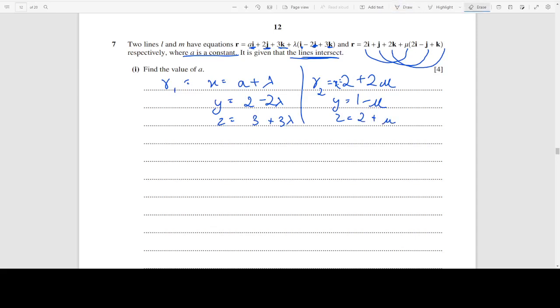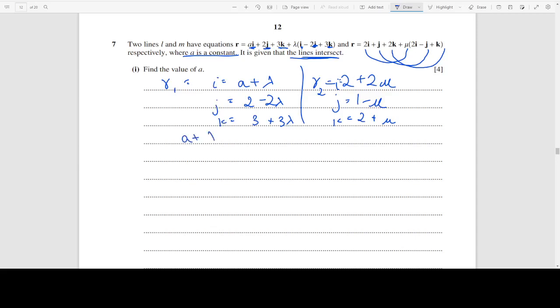Let's take i, j and k instead of x and y and z. So I told that there is one point where the i's, j's and k's of both are equal.